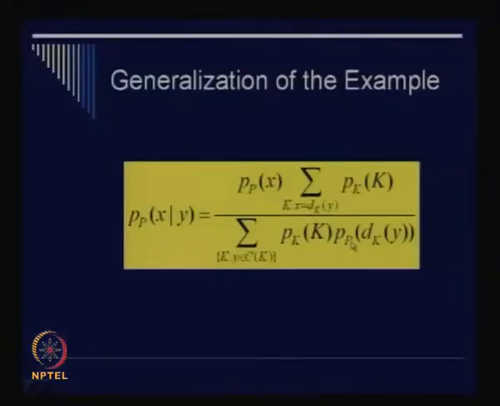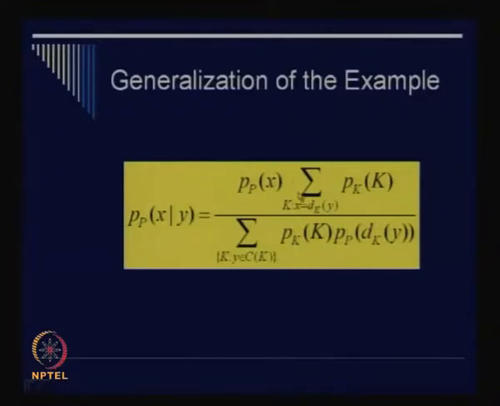So that is exactly done here. In this case, you see that you take the corresponding ciphertext y, you decrypt it by all possible keys, multiply with the probability of the corresponding plain text, and of course multiply with the probability of the key, right? And then do a sigma over all possible such keys, right?